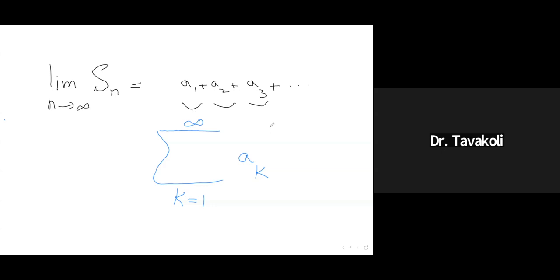And this is what's so-called an infinite series. So when I write this sigma notation, sigma of a_k, k runs from 1 to infinity, I don't need the limit sign anymore. Inside it has the limit concept.